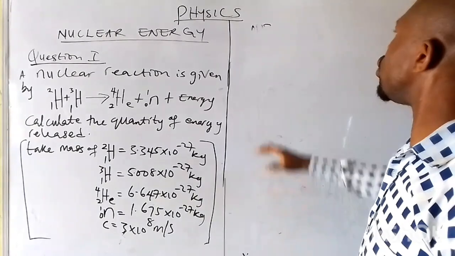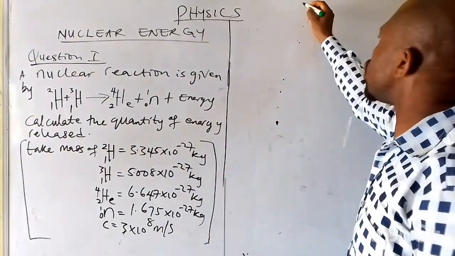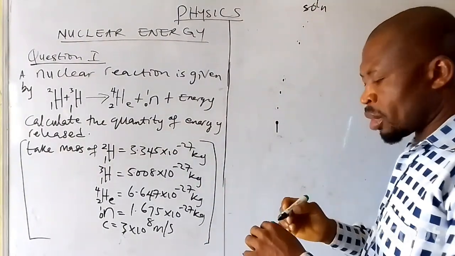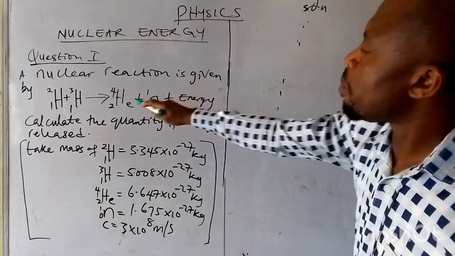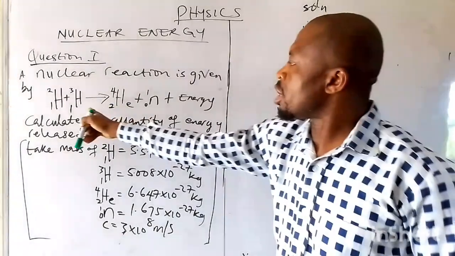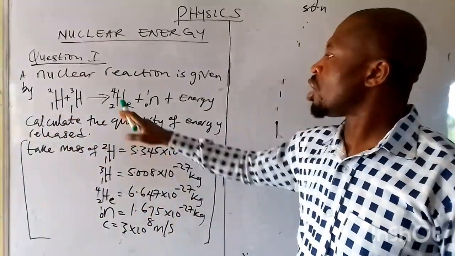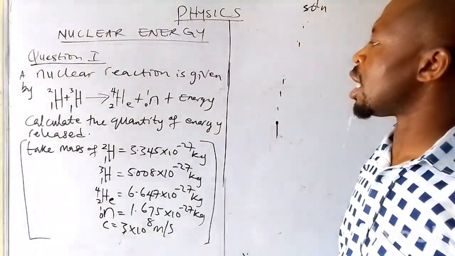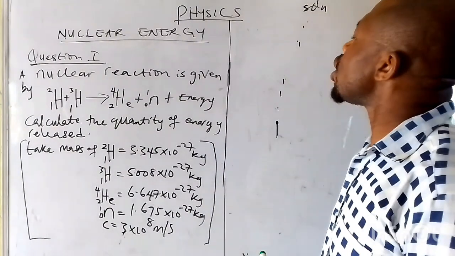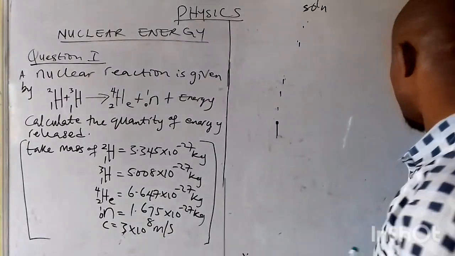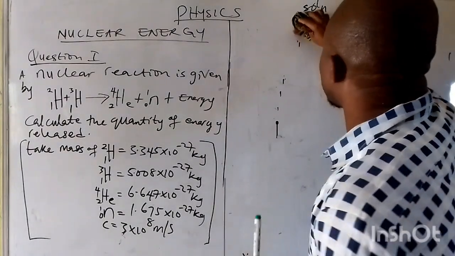Now, all we need to do is the solution. By that, we have the reactant on this side and the product on this side. So all we need to do is move straight, make E the subject of the formula.